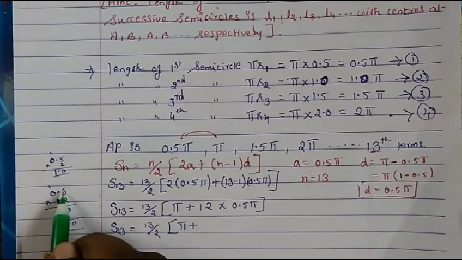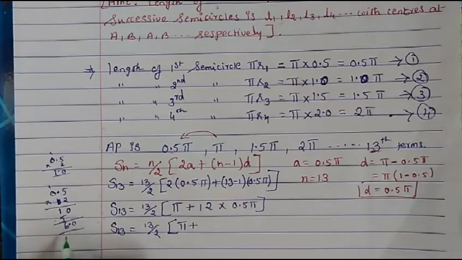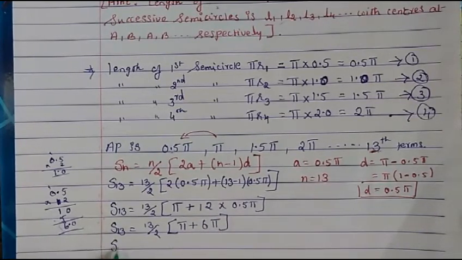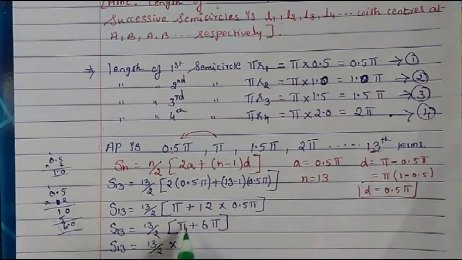Since the decimal is after 1 digit, after 1 digit we keep the decimal. So this value is 6. We write 6 here and this pi we write as it is. So 13 upon 2 into, this is how much? 1 pi plus 6 pi will give us 7 pi.